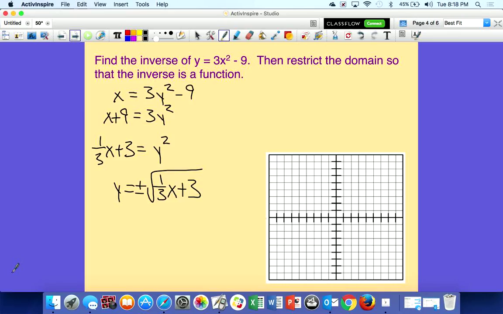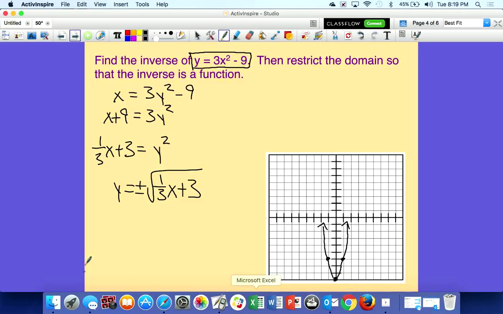But then it says, restrict the domain so that the inverse is a function. Alright, what does that mean? Well, let's look at this equation first. If I were to graph that, my vertex would be at 0, -9, and then I'd be here, and here, and that would be my graph of this.